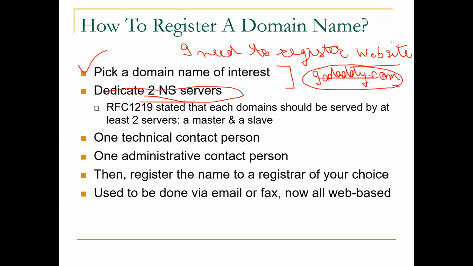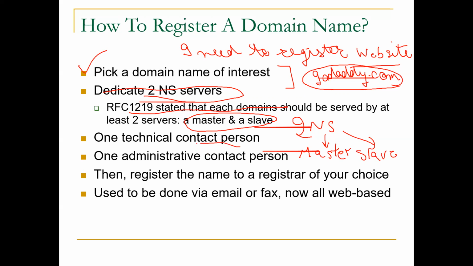RFC 1219 states that each domain should be served by at least two servers, that is master and slave. If the master goes down, then the slave would be active. So whenever you pick a domain name, they will dedicate two name servers to it, one master and one slave. This is a very important term to understand.